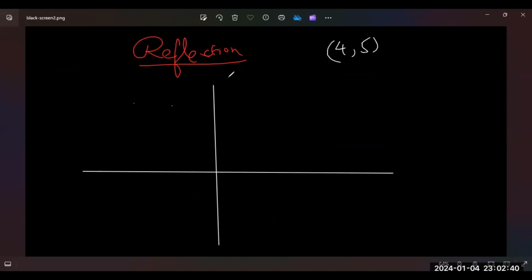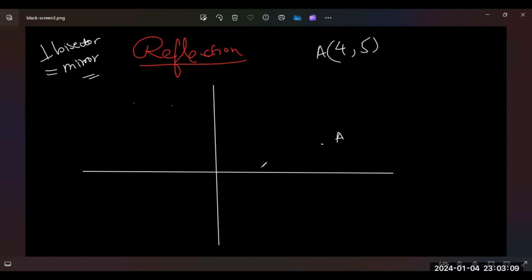They will very cunningly say the x-axis represents the perpendicular bisector of a point AB where A is 4 comma 5. So what it means is actually the same, that perpendicular bisector is nothing but a mirror line, is nothing but a reflection. So let's first plot 4 comma 5.